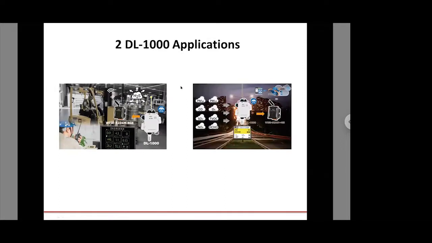So let's move on to another couple applications for our DL1000 series. As you can see in the diagram on the right, in this application, the DL1000 is used as part of a sensor package in a smart streetlight application as part of a citywide or an area-wide air quality monitoring and alert system.